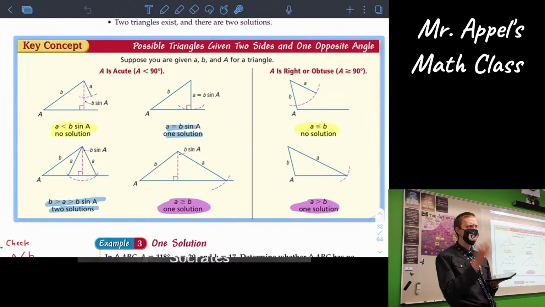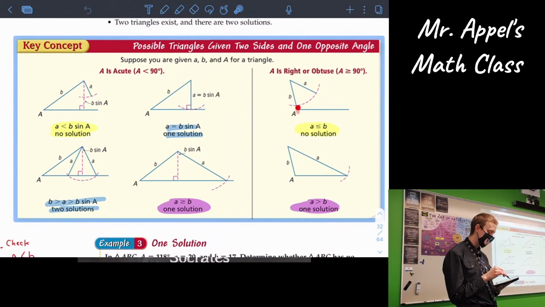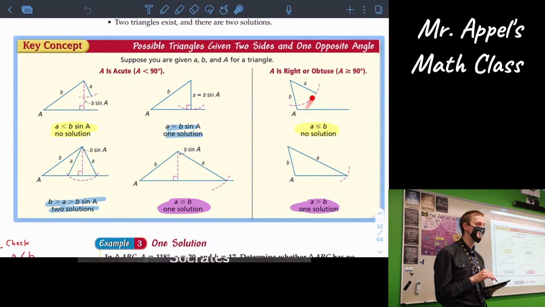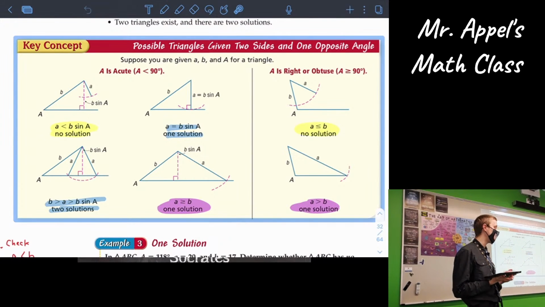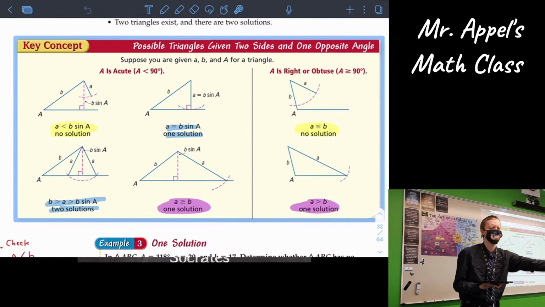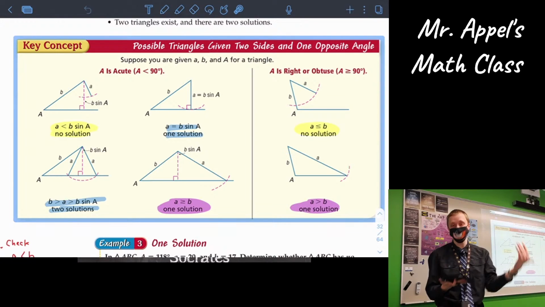I tried to apply more shortcuts than are actually applicable. Only if it's obtuse and A is less than B, that is to say, the side that's supposed to be across from the angle you're given. If it's an obtuse angle, you know this from triangle inequalities, you can only fit one obtuse angle in the triangle, which means it must be the biggest angle, which means the side across from it must be the biggest side.